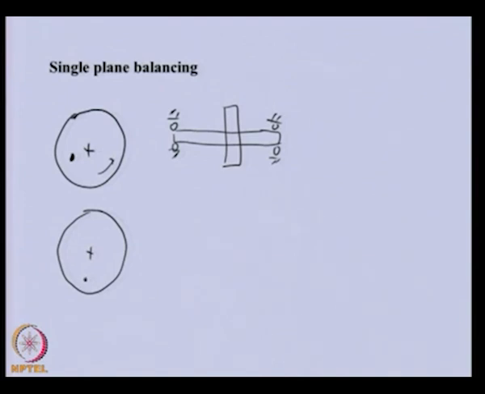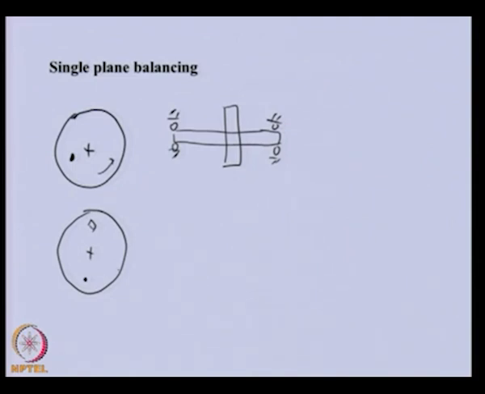This will indicate that there is some kind of unbalance in the rotor, which is somewhere here. To balance this, obviously we need to keep some kind of correction mass on the other side, and we put some arbitrary value.